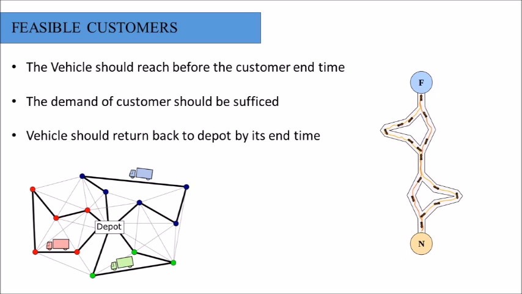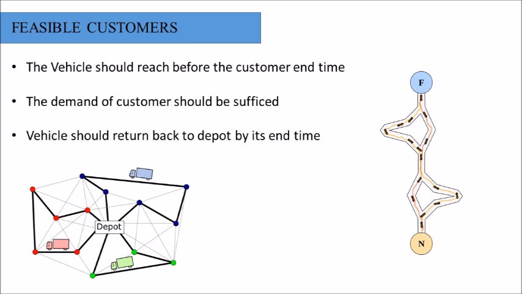The ant is constructed starting with a depot and choosing customers as long as the vehicle has some quantity left to serve the customer, or until it has to reach the depot, as the depot will get closed. Each route is made from the depot to a set of customers and back to the depot, which makes a trip. A set of feasible trips will be a tour that covers all the customers.